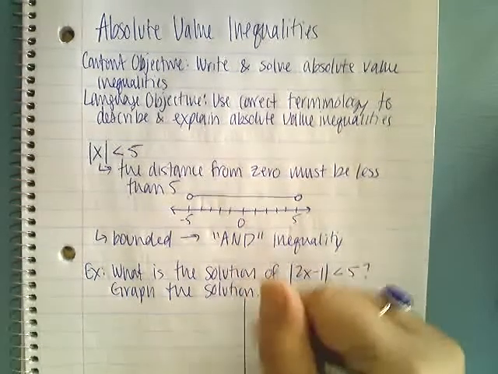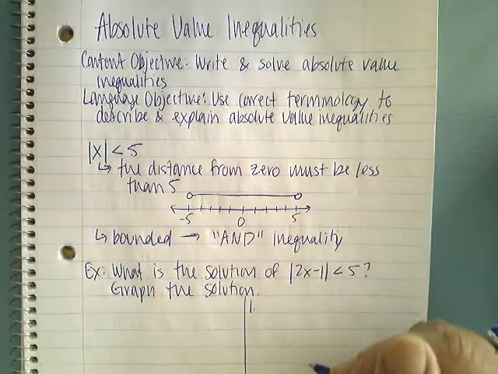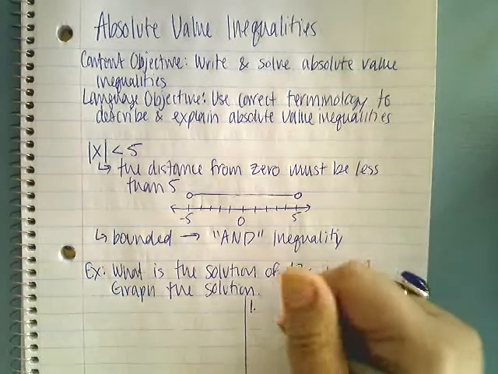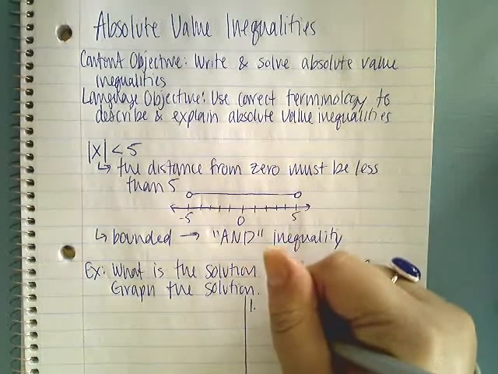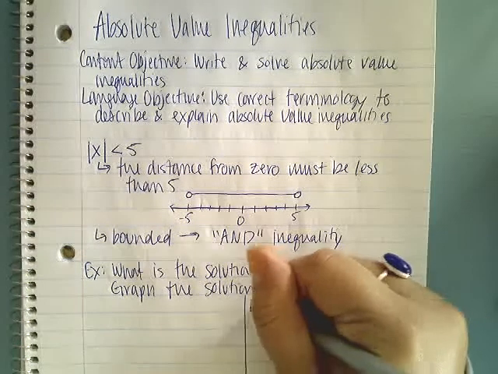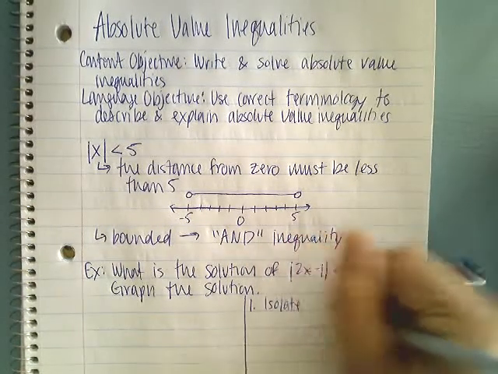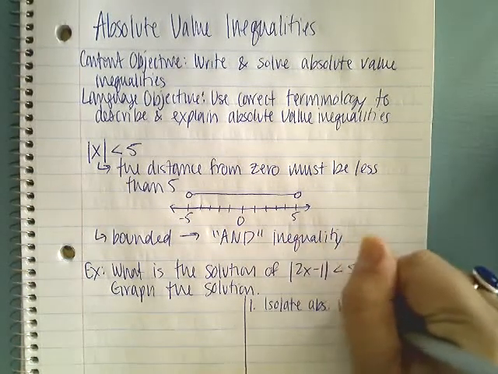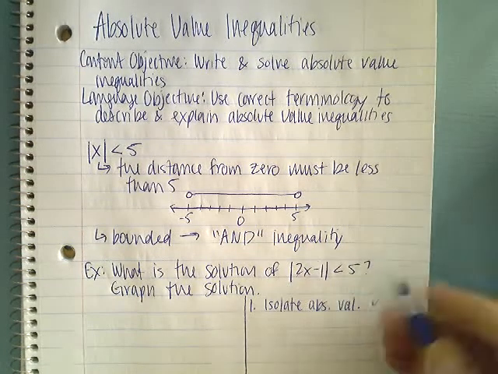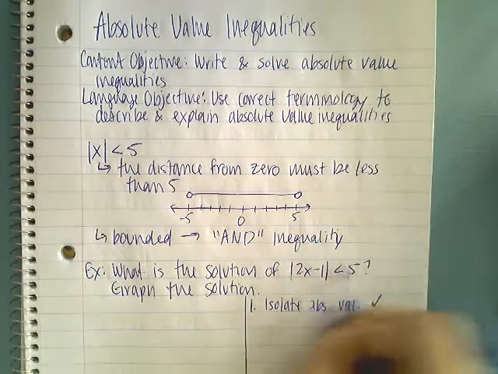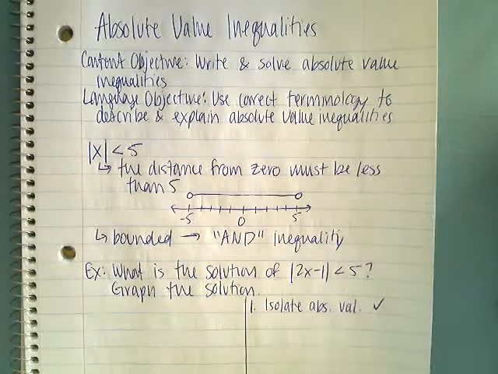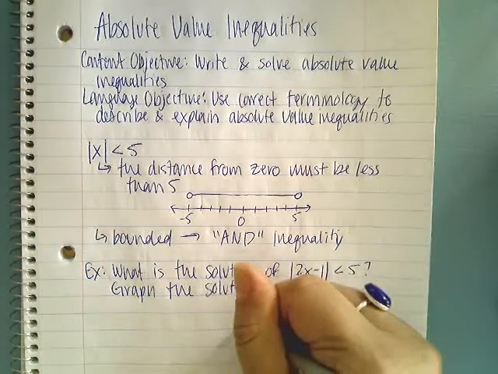The first thing we're going to do, step 1, we isolate the absolute value, or check to make sure it's isolated. That one is already done for us. There's no numbers being multiplied, added, subtracted, divided around that inequality sign, so the absolute value is already isolated.